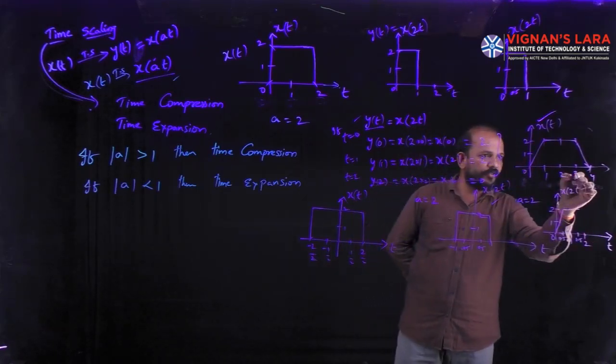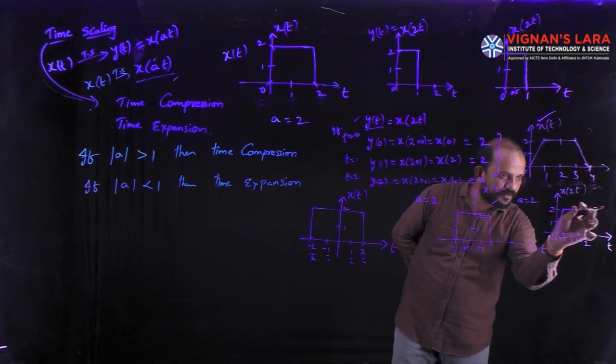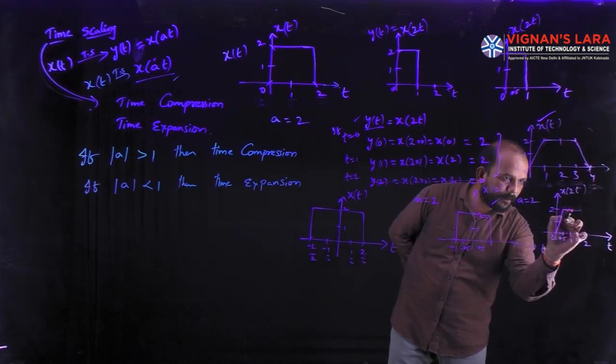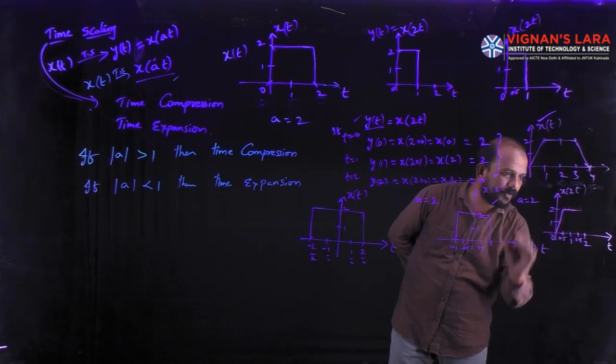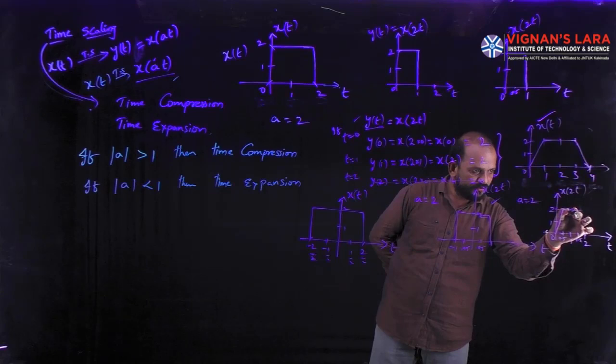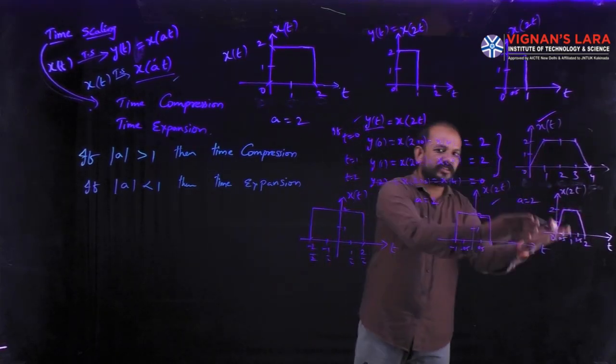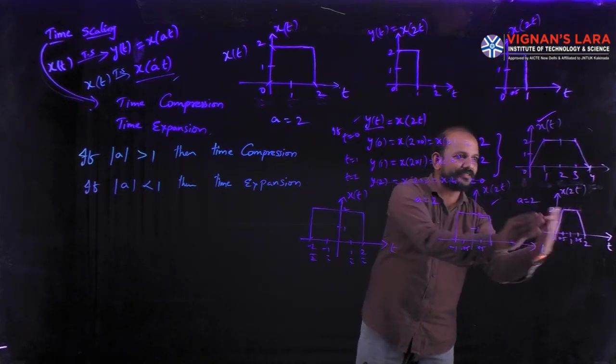So it has this value up to 1.5, and after 1.5 it starts decreasing. So the shape is the same.